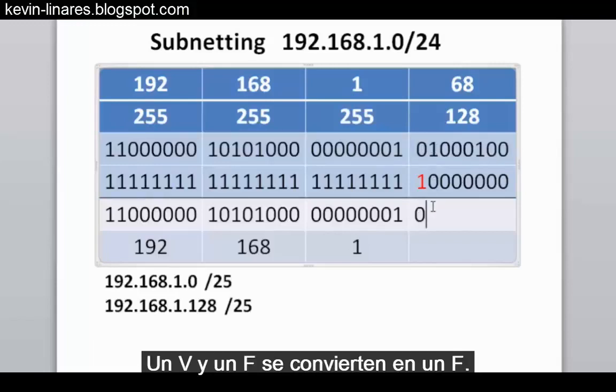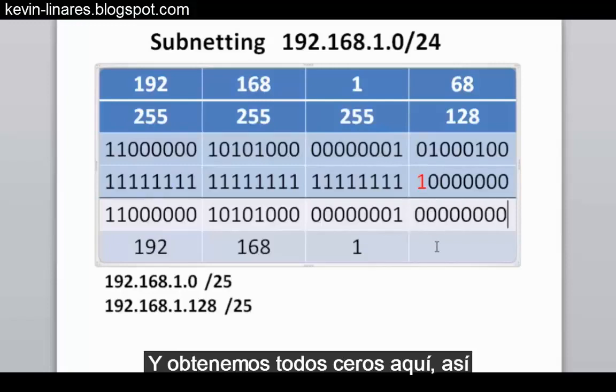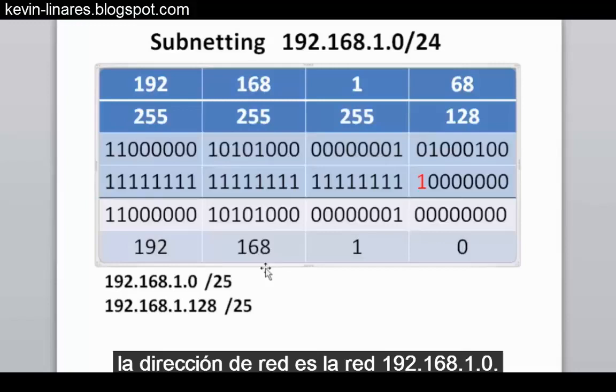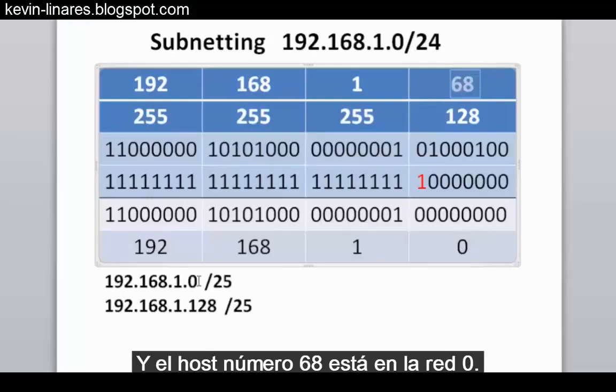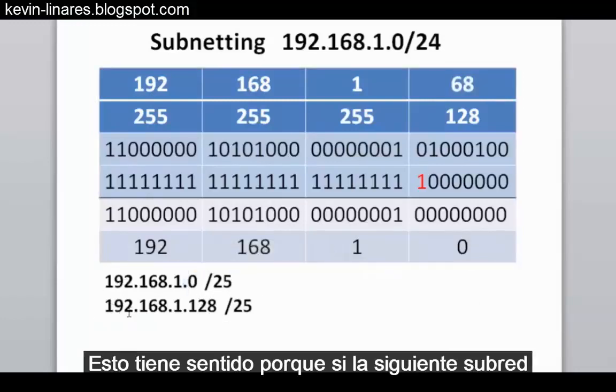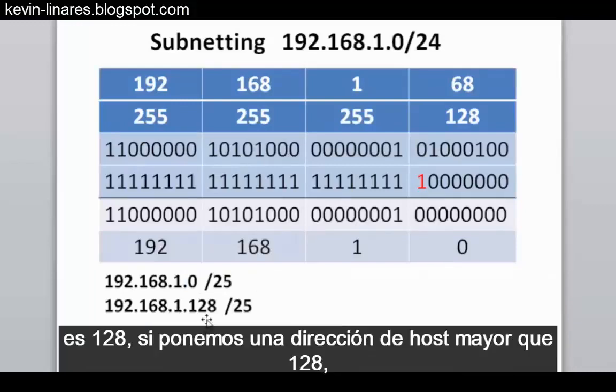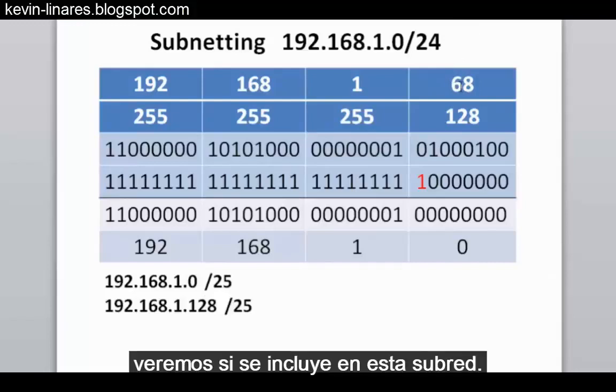A true and a false makes a false. And then we get all zeros here. So the network address is the 192.168.1.0 network. So host number 68 is on the 0 network. This makes sense because the next subnet is 128, so if we put in a host address larger than 128, we'll see if it falls in this subnetwork.